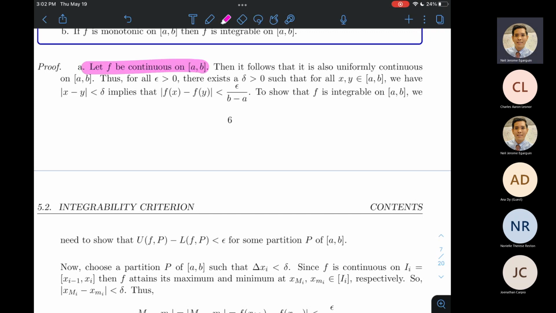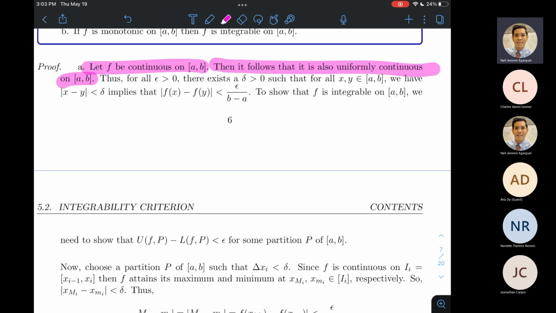Now, meron tayong theorem na kapag ka si f ay continuous sa isang compact set, then si f ay uniformly continuous na sa compact set na yon. All right? So that's what the second statement is telling us: continuity on a compact set is sufficient to conclude uniform continuity on that compact set. And ang closed interval naman, alam natin ay closed and bounded, therefore it is compact. Alright, so that's fine. Tapos gagamitin ko, ano naman ngayon kung si f ay uniformly continuous?